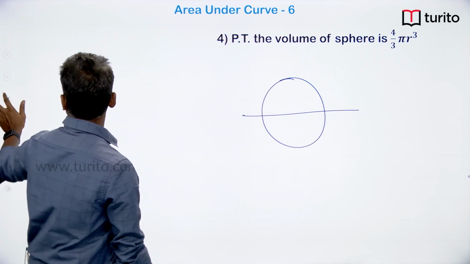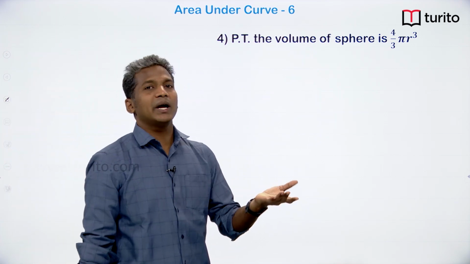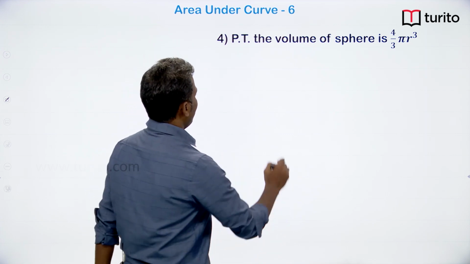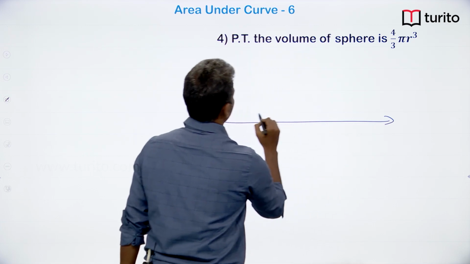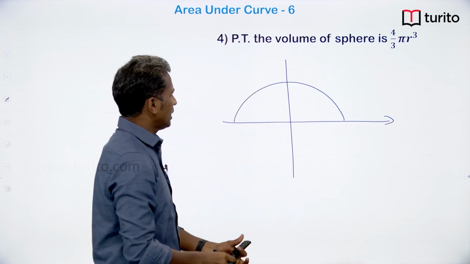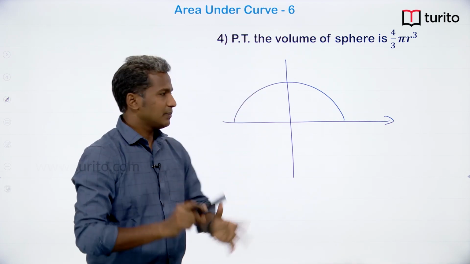So instead of this, if we take only one semicircle, rotate that by 360 degrees, we will get the complete sphere. So basically, I am going to take only one semicircle, okay, and I am going to rotate this to get the complete sphere. This is the idea.